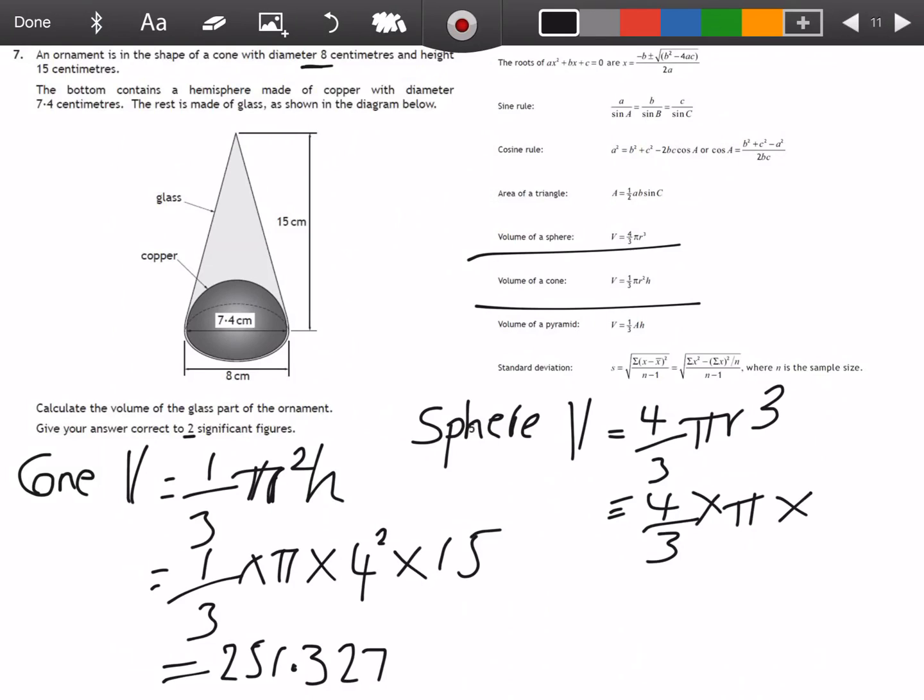It tells us the diameter of the hemisphere. The diameter is 7.4. Half is 3.7. The radius is 3.7. So the formula, 4 divided by 3 times pi, times by 3.7 cubed.